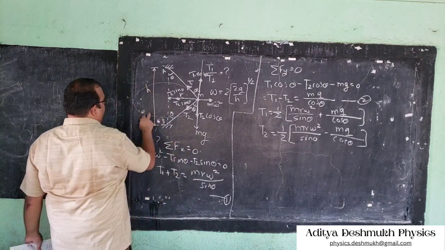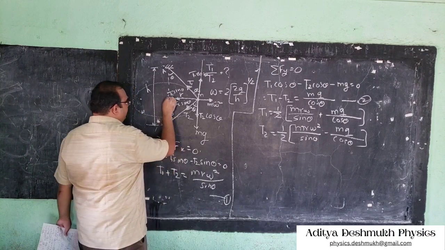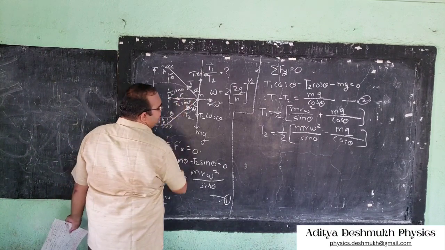So if this length is h, this length will be h by 2 and this length is r.